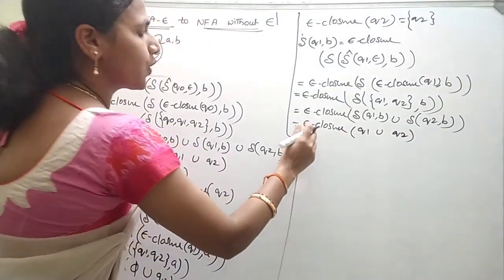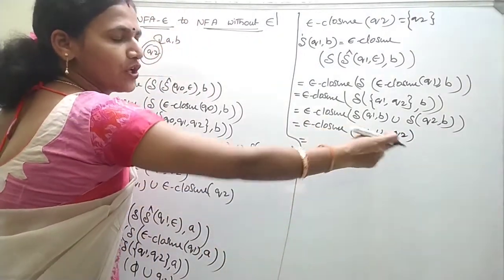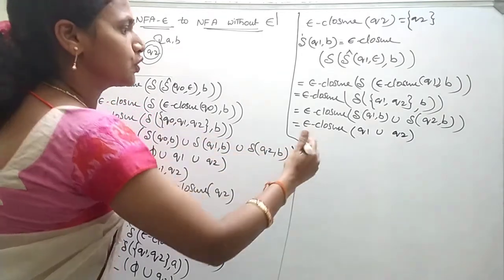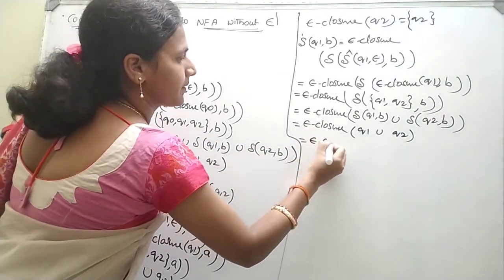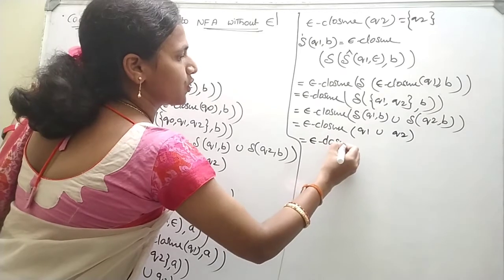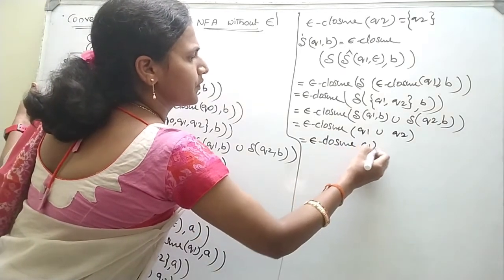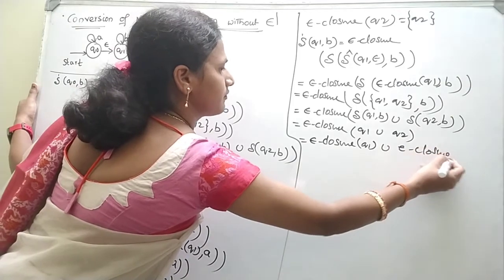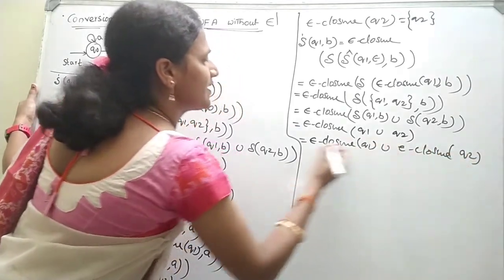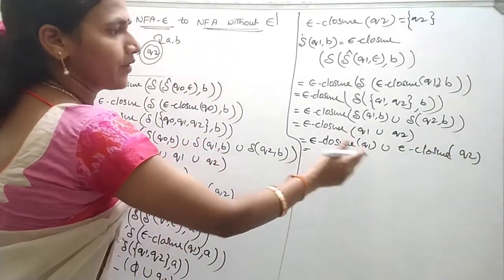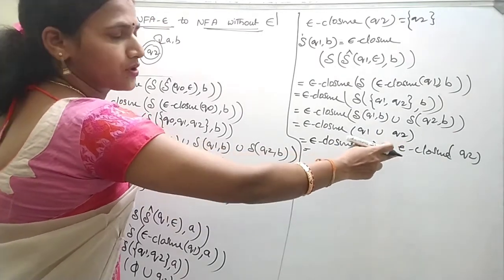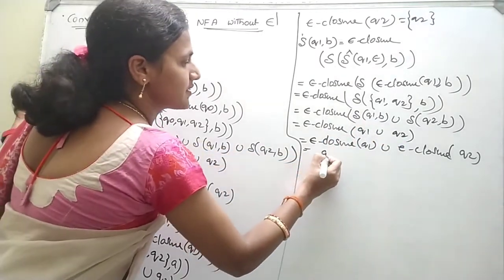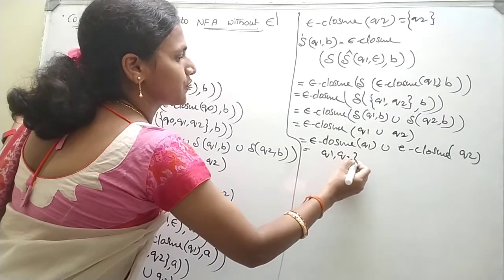That means we are going to take epsilon closure of Q1 union epsilon closure of Q2. So what is epsilon closure of Q1? Q1, Q2, union Q2 is Q2 itself. That is Q1 comma Q2.